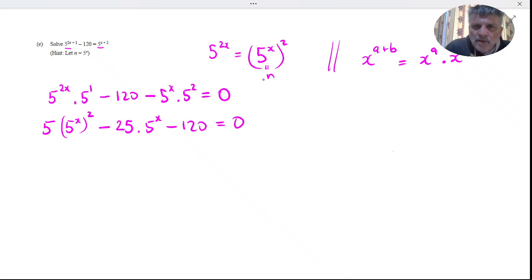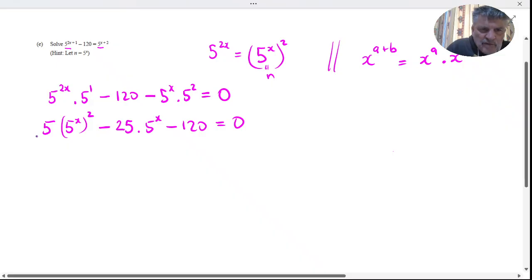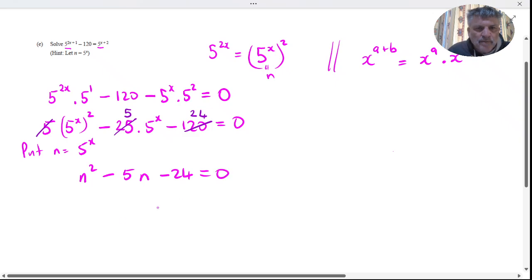I think I will cancel the 5, so divide through by 5. You lose this one, this becomes 5. 5s into 120 is 24, 5s into 25 is 5. So now we have, and if we put n equal to 5 to the power of x, we get n squared minus 5n minus 24 equals 0.